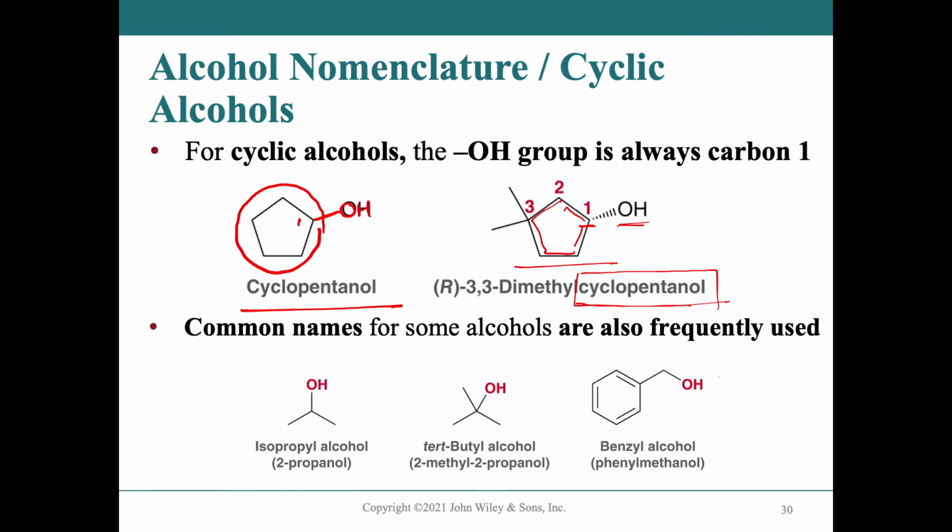But you do have 2 substituents here, and the 2 substituents are on carbon 3, because you want the substituents to be on the lowest carbons. So it's 2 methyl groups on carbon 3, so that's 3,3-dimethylcyclopentanol.